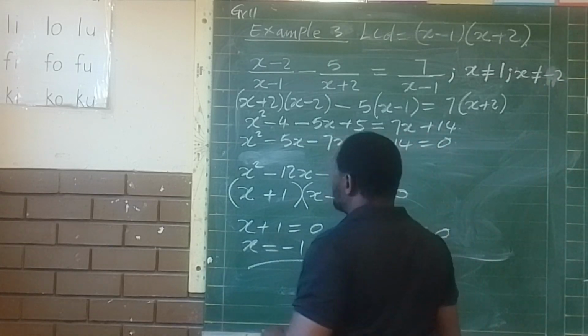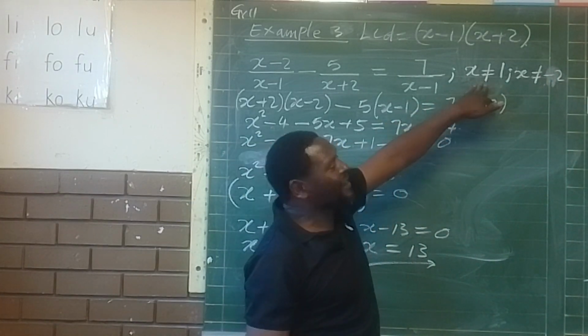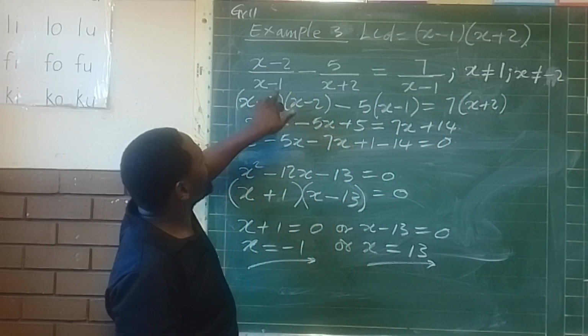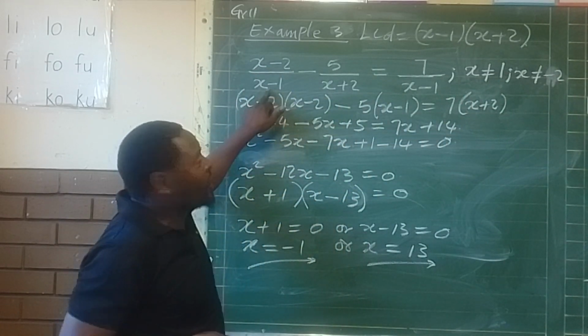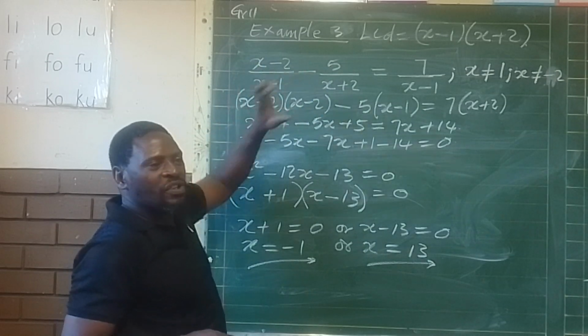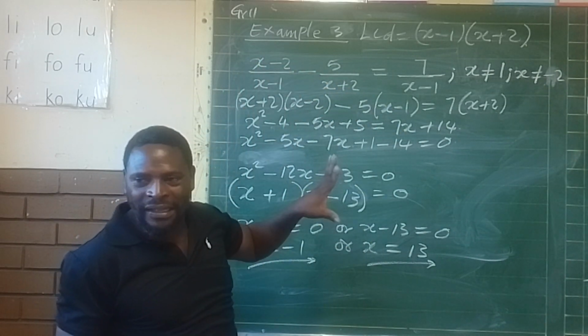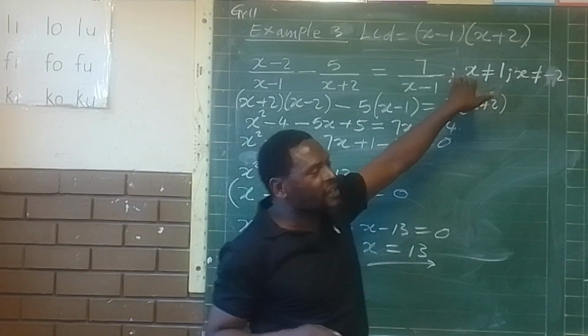Why? If x is not equal to 1, I'm referring to this part. If x is going to be 1, you're going to have 1 minus 1, which is 0. Anything divided by 0 is undefined. That's why there is a restriction.